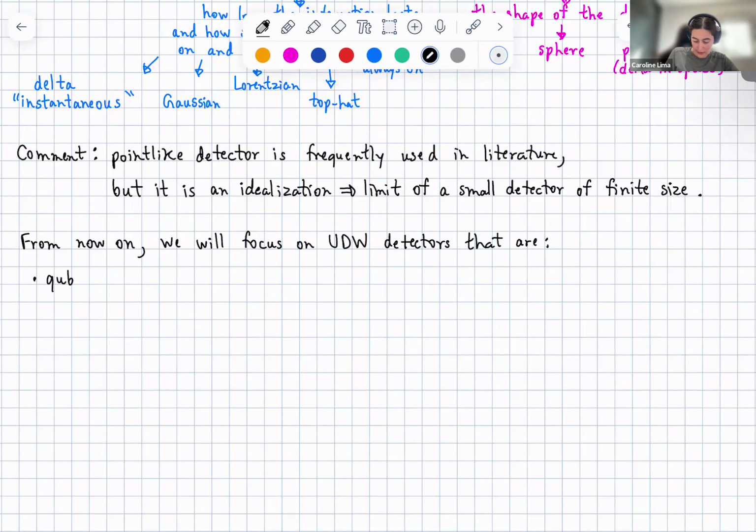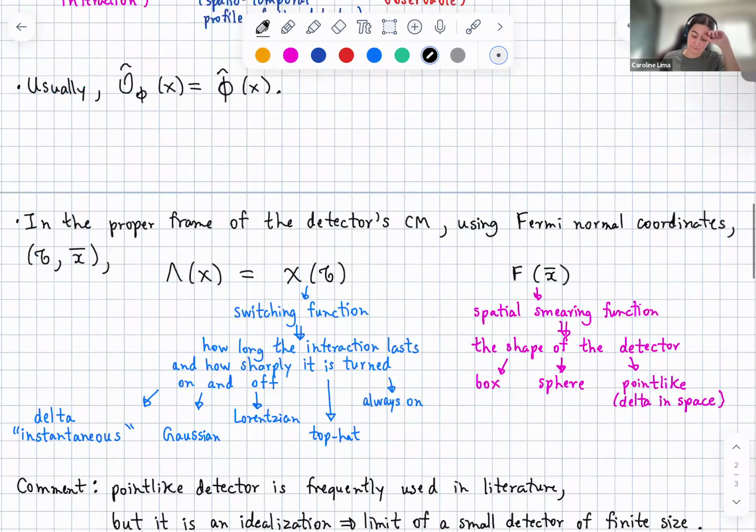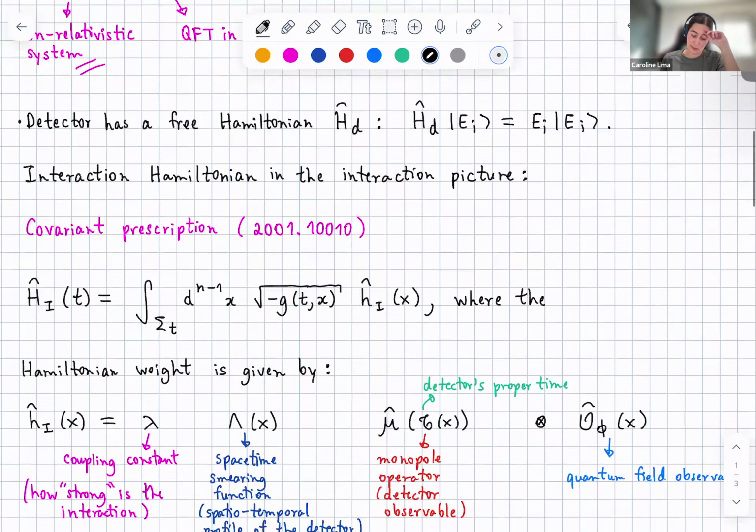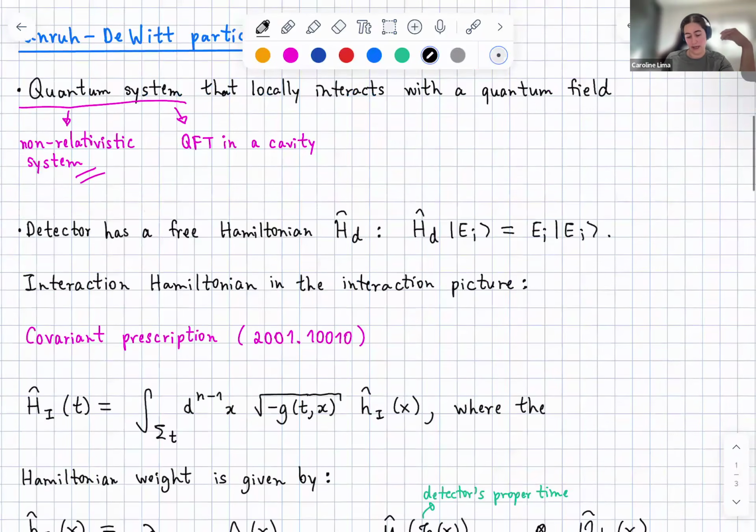Of course, when I said earlier that in principle I just want either a non-relativistic quantum system or a QFT in a cavity, even restricting to non-relativistic systems I could have a harmonic oscillator, a qutrit, pretty much whatever you wanted.